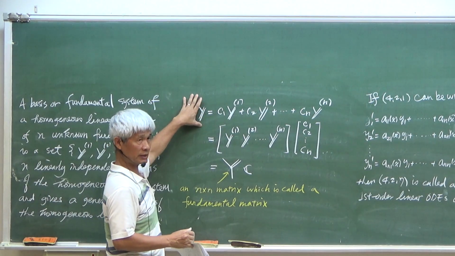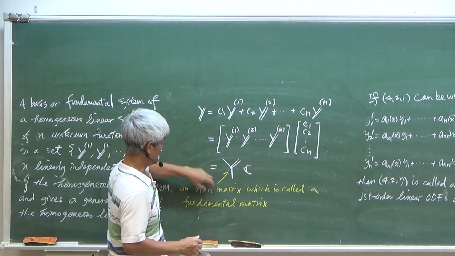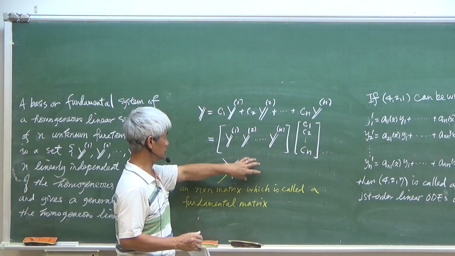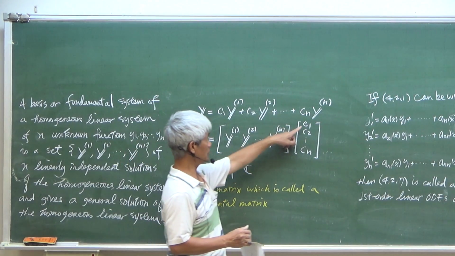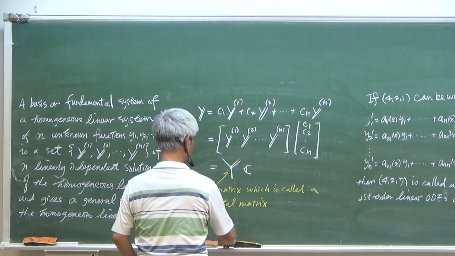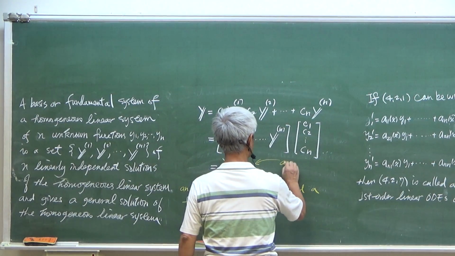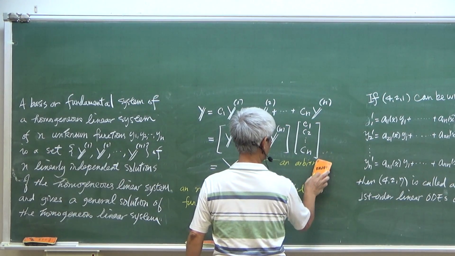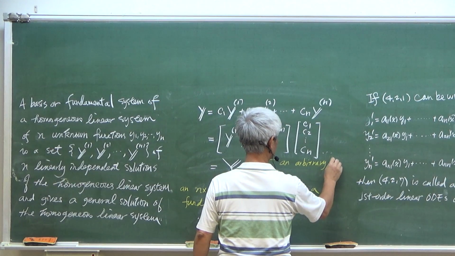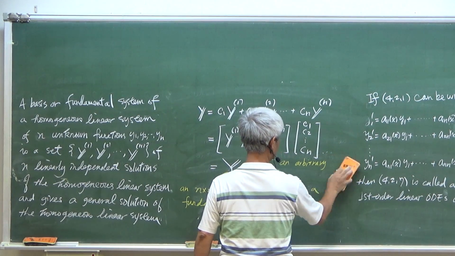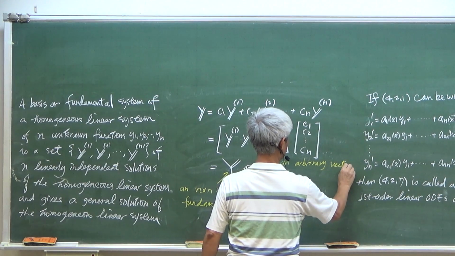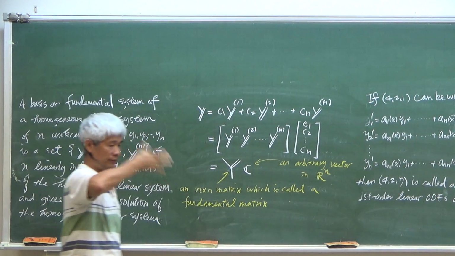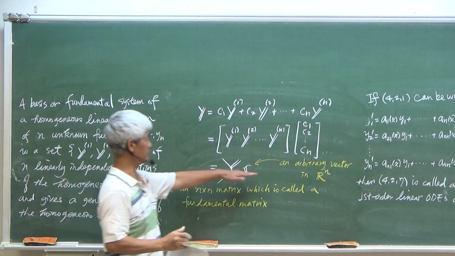A general solution can be written as the fundamental matrix times a constant vector, C1, C2, up to Cn, an arbitrary n-dimensional vector.